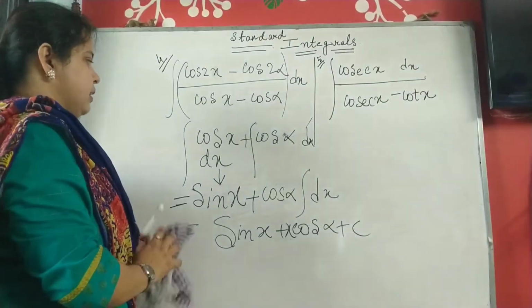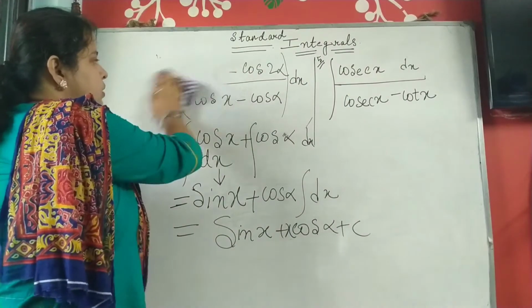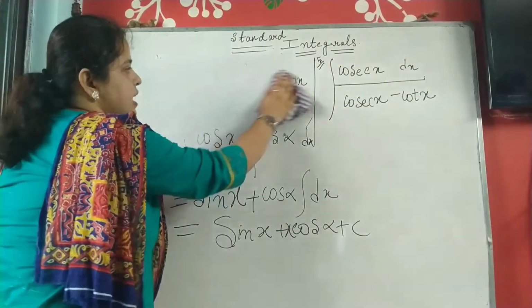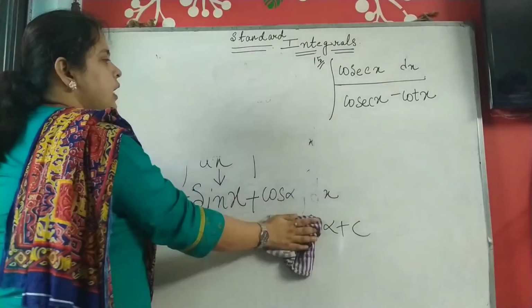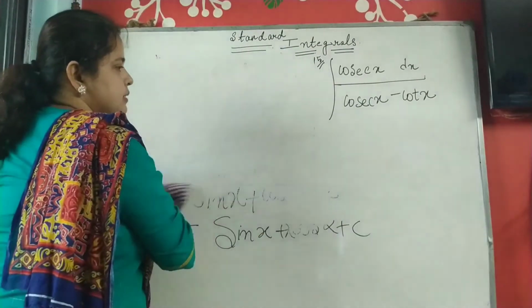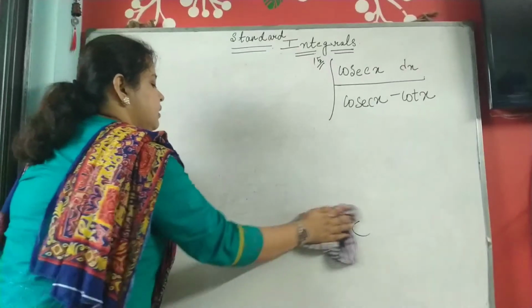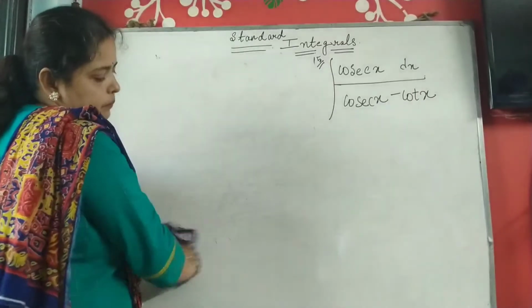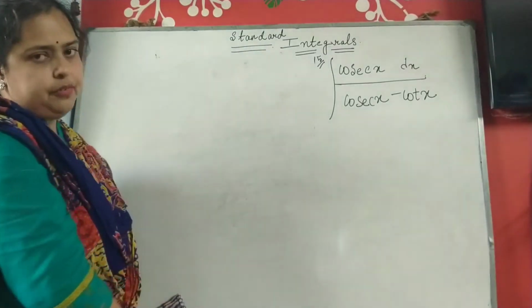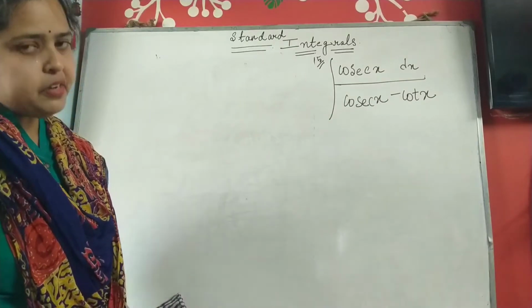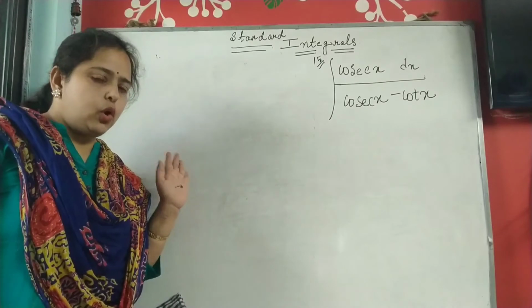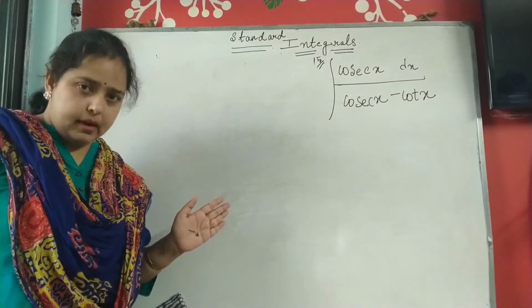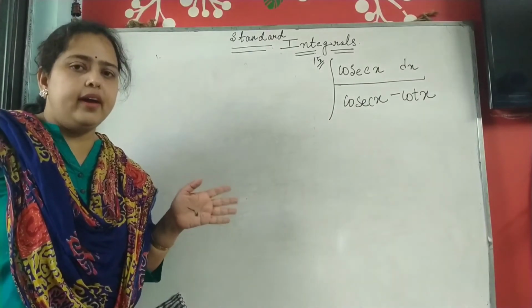Please have a look at number 5. What is it? The numerator is having cosec x. In the denominator, cosec x minus cot x. This particular thing reminds me of a trigonometric identity, that is cosec square x minus cot square x.